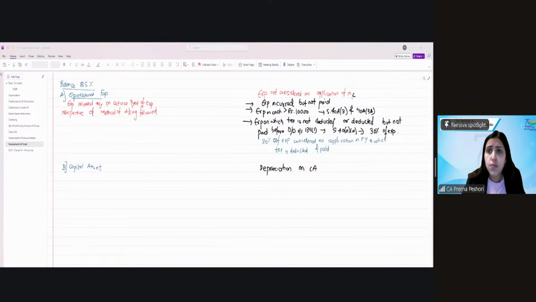The educational trusts, which are existing solely for educational purposes and not for the purposes of profit, or the medical institution, which are wholly and substantially financed by the government. What do we understand by wholly and substantially financed by the government? How much should be the receipts? 51% or more. 50%, right? So government grants should be greater than or equal to 50% of total receipts, right?